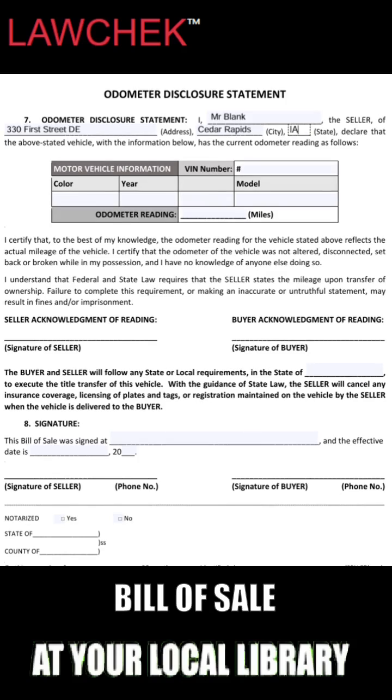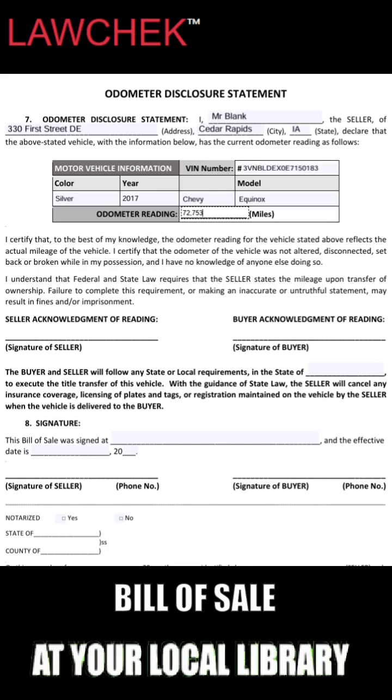We're going to go ahead and put in a quick VIN number, and we're going to put in an odometer reading. Use the odometer reading that you have on the vehicle at the time of this transaction. You, the seller, are responsible for having accurate odometer readings and making sure that the odometer was not adjusted. You must sign on that and affirm that it had not been altered. The buyer will be the witness.